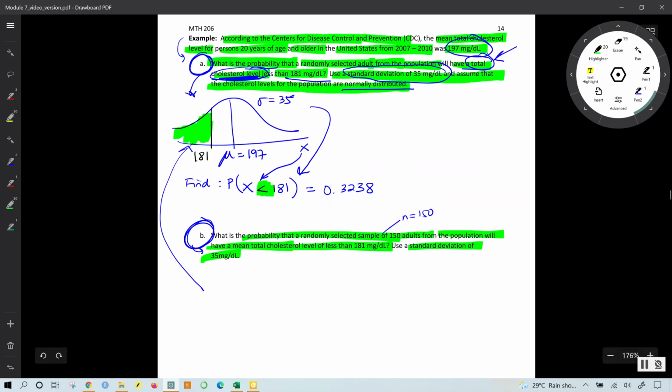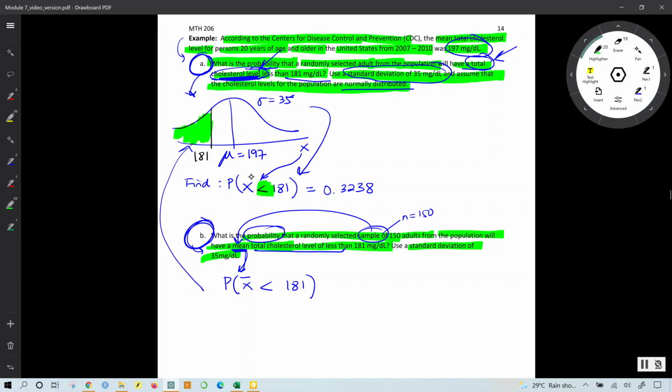In the first case, it was just about the total cholesterol level. This time, it's about the mean total cholesterol level. So the probability is concerned with the sample mean, X bar, being less than 181. The goal here is to strike a difference between when we're computing probabilities with just X and probabilities connected with the sample mean, X bar.